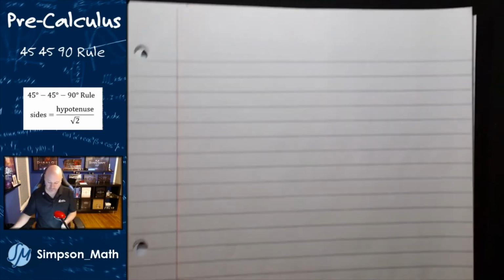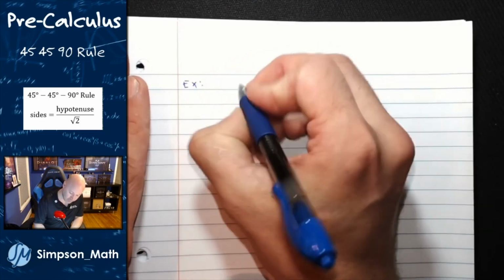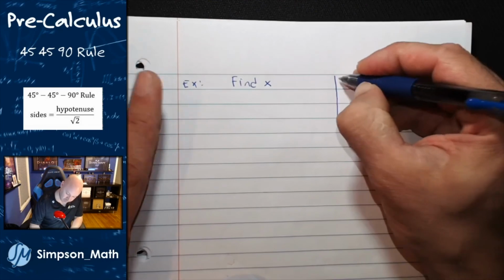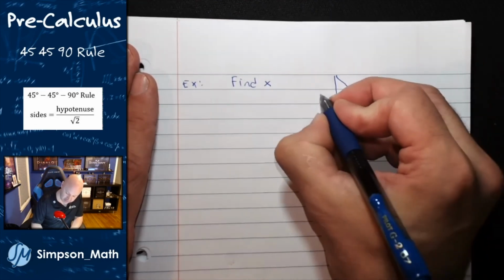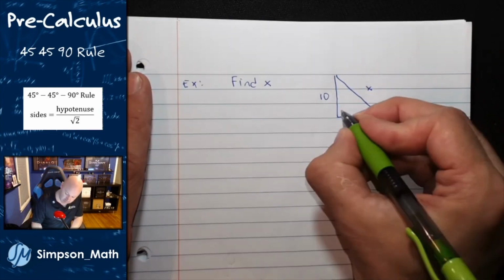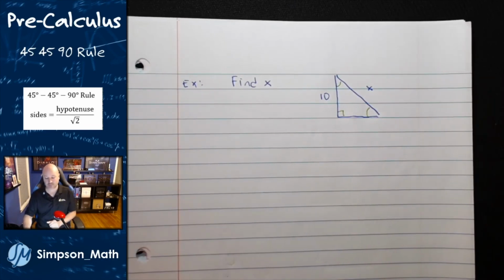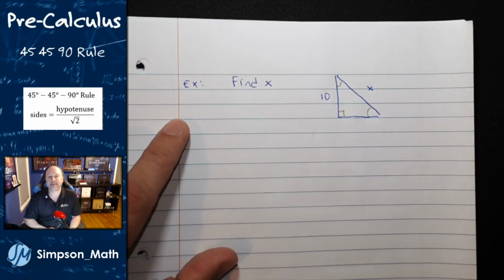Let's say we have this triangle. I'm asked to find x. Right triangle, x is there. We know this value is 10, and we know that this triangle is a right isosceles triangle. I want to find x.